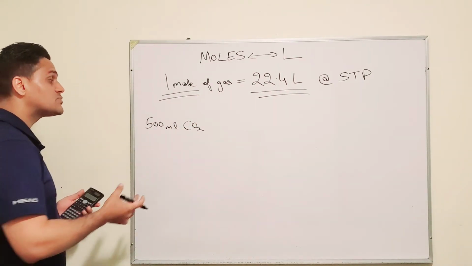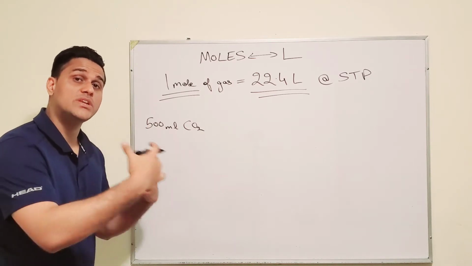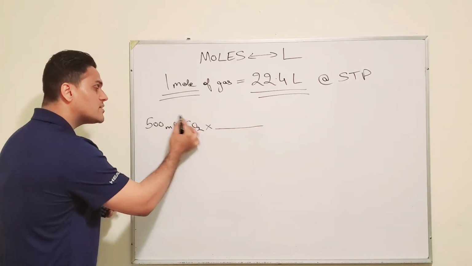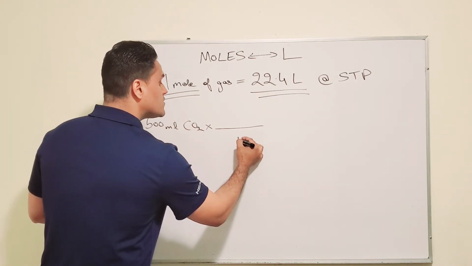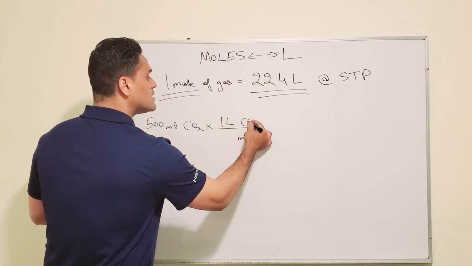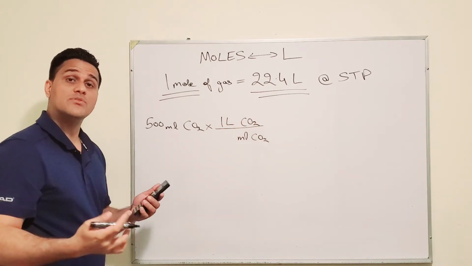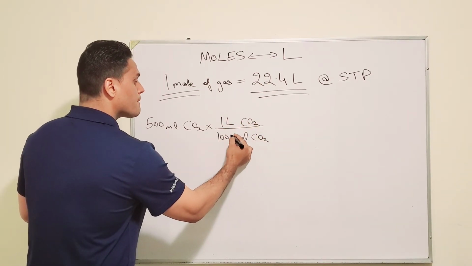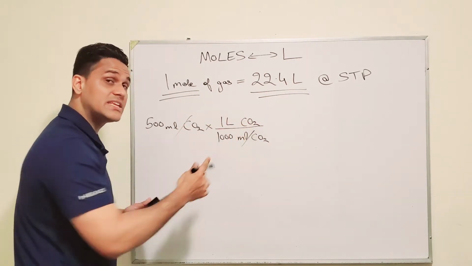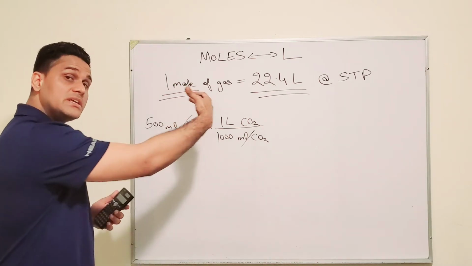Now guys, first we need to change from ml to liters. Okay, we'll follow the same pattern, folks. What's my unit at the top? Ml. You're going to put the same unit at the bottom. And we know 1 liter is equal to 1000 ml. So now your ml cancels. Your leftover unit is liters, and now we're going to go from liters to moles.